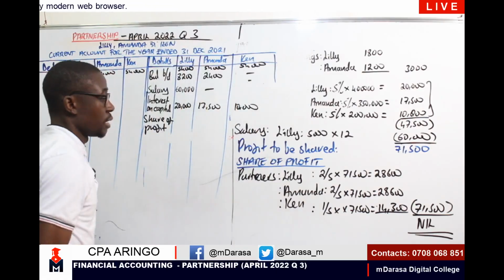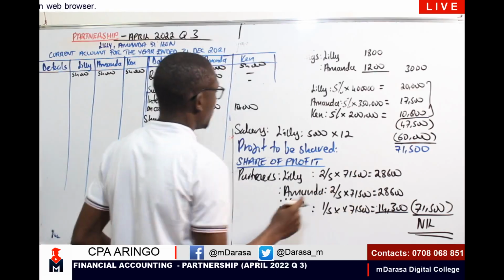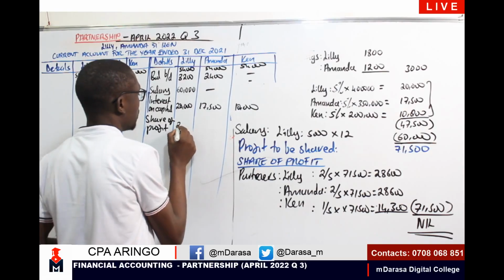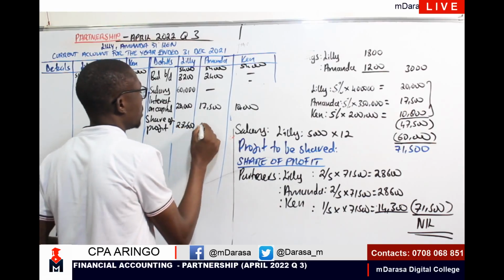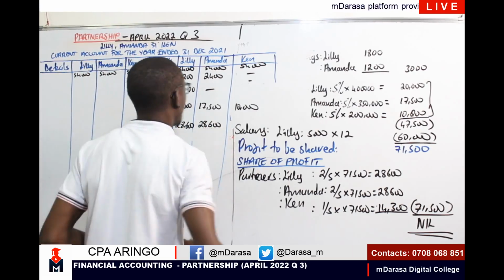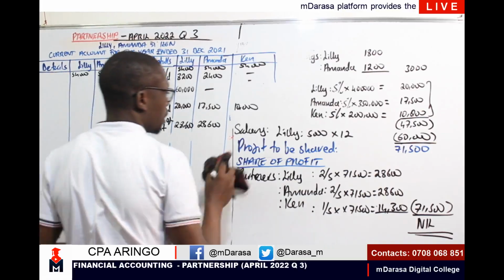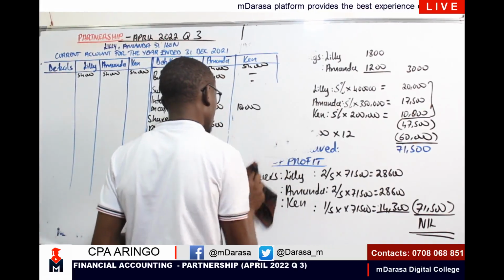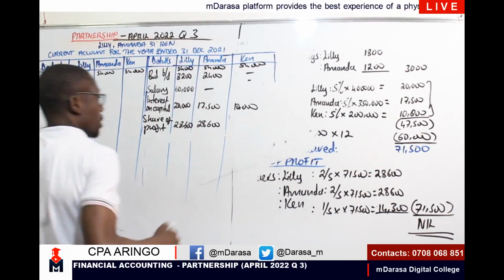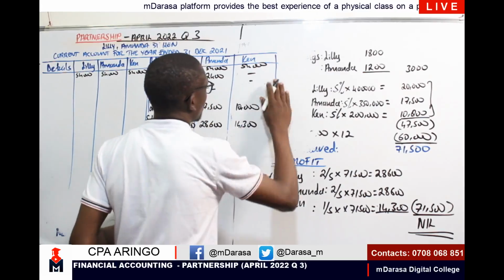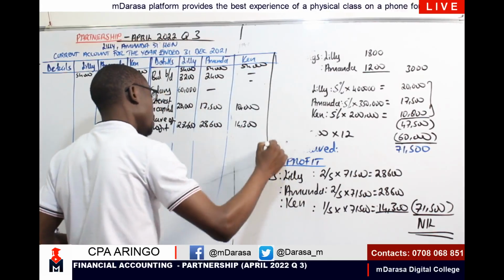So share of profit, I'll be taking the figures that we have determined here. For Lily, I'm having 28,600, and for Ken, of course, 14,300.